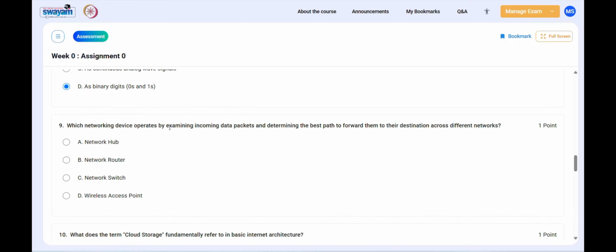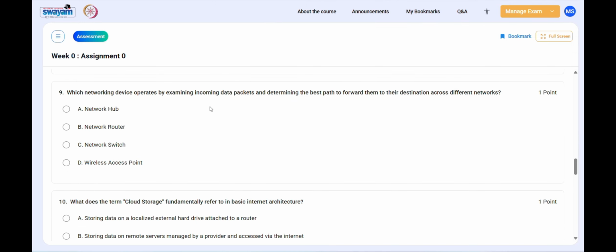Which networking device operates by examining incoming data packets and determining the best path to forward them to their destination across different networks? The options are network hub, network router, network switch, wireless access point.